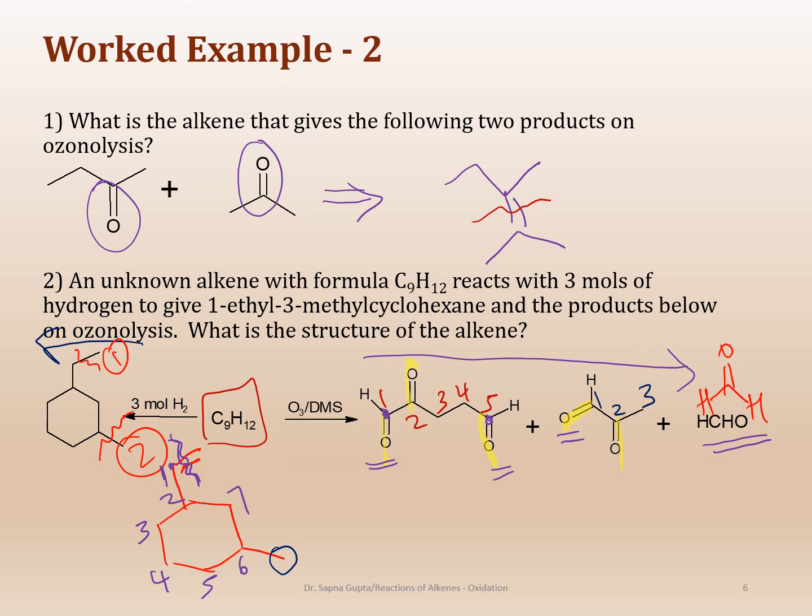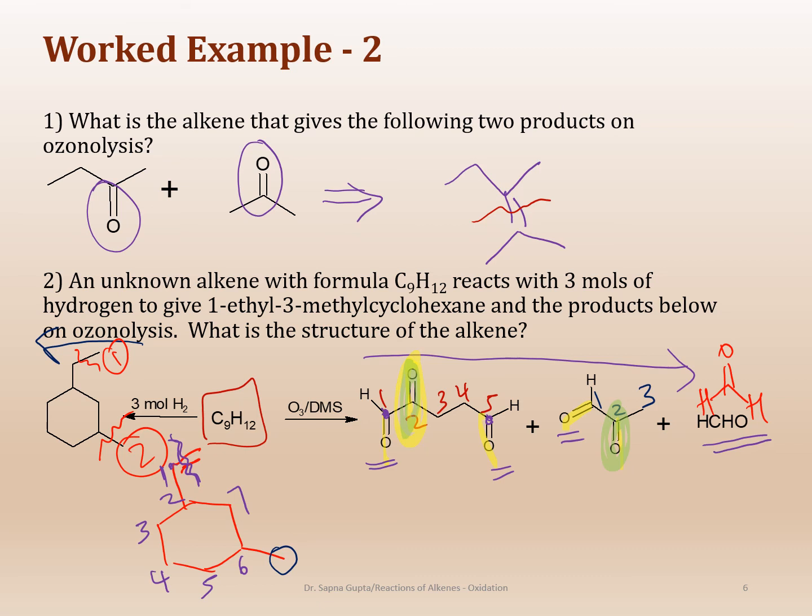Now if I look at this structure, I have a couple of ketones over here, and the ketones that I have are here and here. This ketone and then this ketone. So I have 2 ketones. What does the ketone tell me? It tells me that I have substituted alkenes, which means that I'm looking for more substitution there.